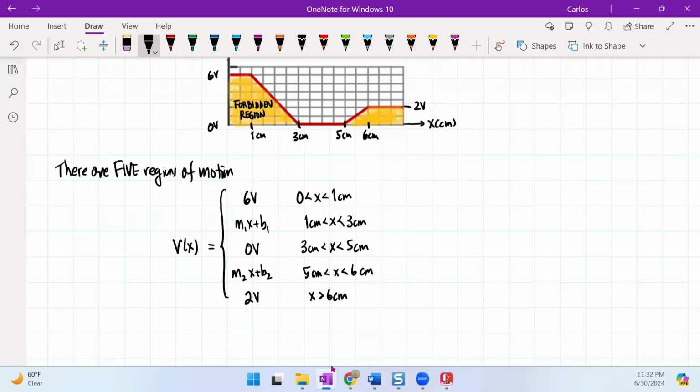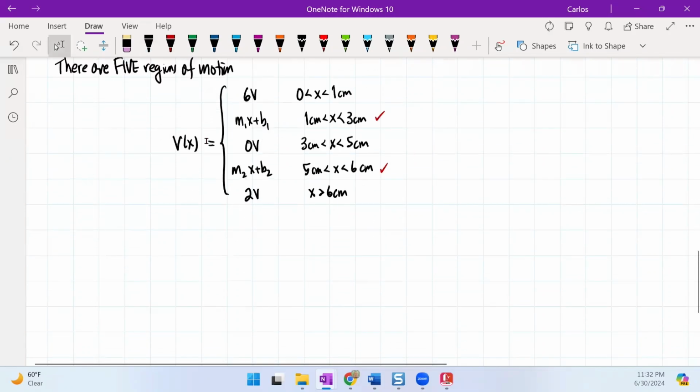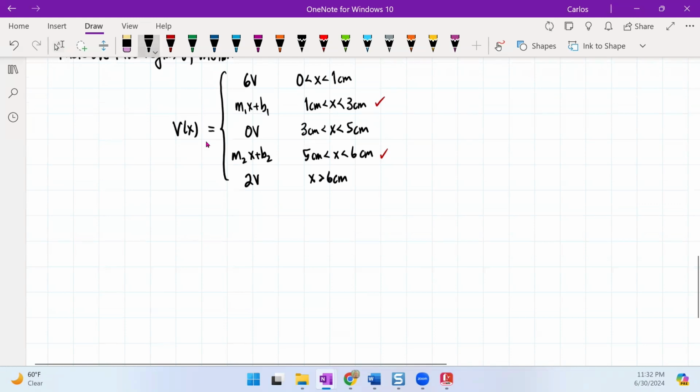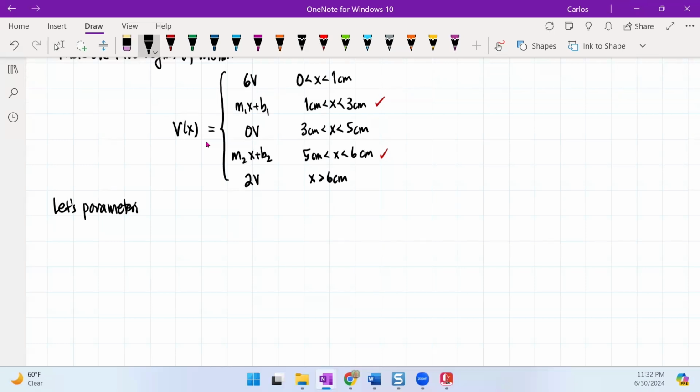So the first thing that we want to do is figure out this linear line and this linear line. What I'm saying is that we need to parameterize this curve. Let's parameterize the 2 linear lines.